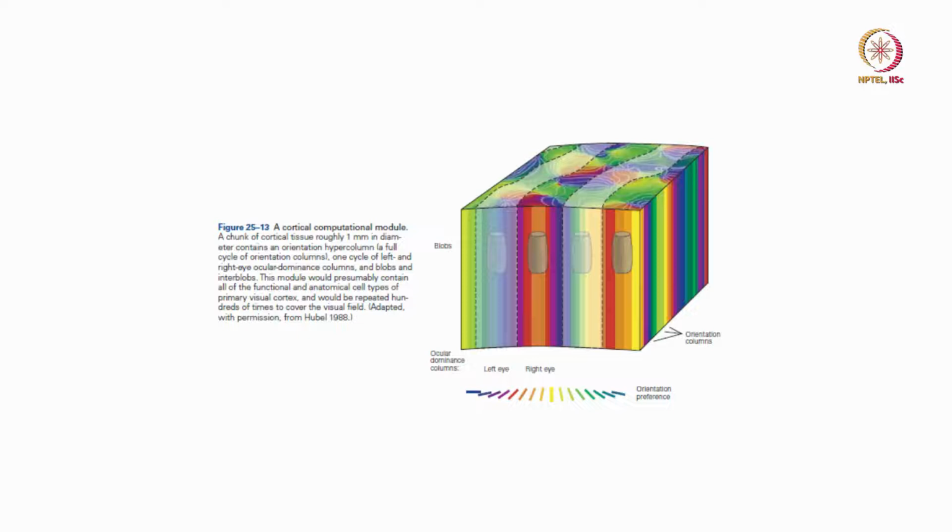If you look at the visual cortex as such, the whole thing is a cortical column, cortex rather, and within the cortex you see these bands over here.